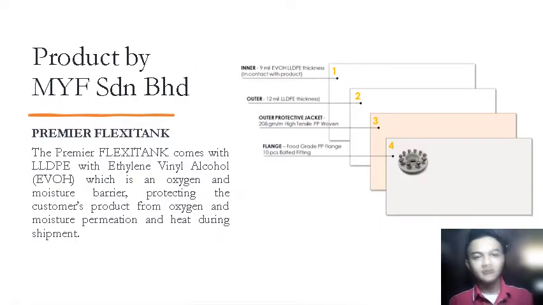The products supplied by MYF Sdn Berhad include the Premier FlexiTank. This Premier FlexiTank comes with LLDPE with ethylene vinyl alcohol, which is an oxygen and moisture barrier, protecting the customer's product from oxygen and moisture permeation and heat during shipment.